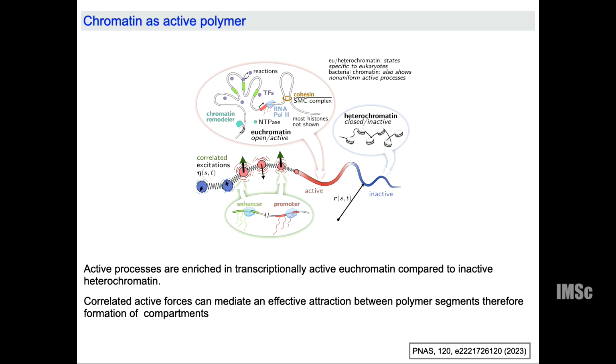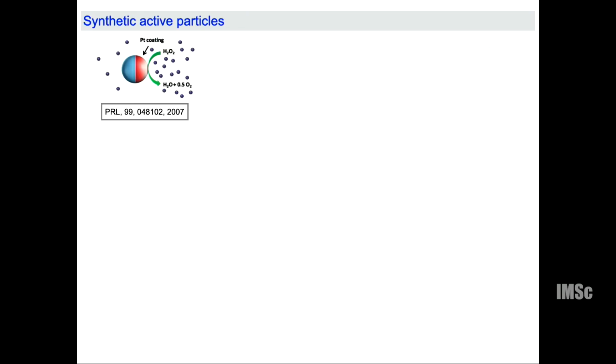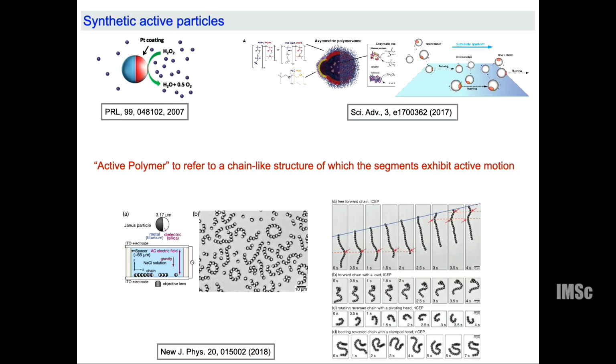So I am trying to say that these active forces which are there locally on the polymer can also give rise to some sort of condensation by this effective attraction. Okay. But that's not what I'm trying to talk about right now.